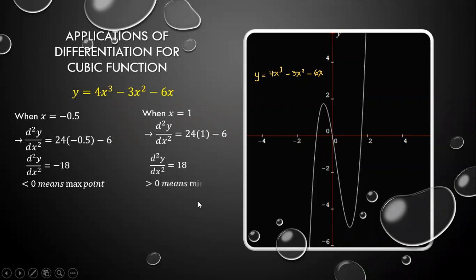We call this one a minimum point. Less than 0 means maximum point, more than 0 means minimum point on this given function.